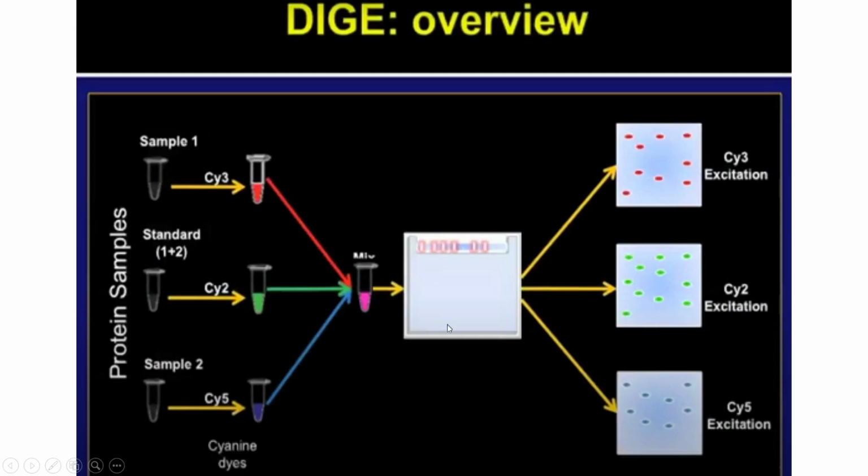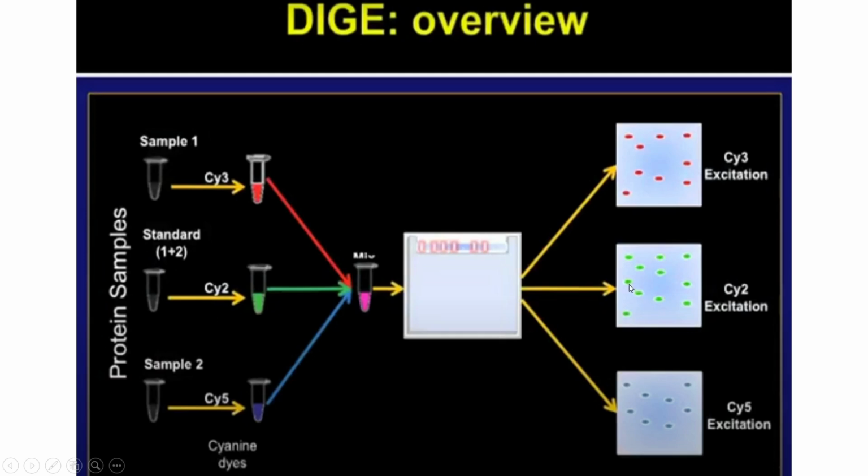So once you run the gel, if you give a certain excitation wavelength according to Cy3, then these proteins will be visualized. So if you see, there is this protein which is only seen in Cy2 but not in Cy3, whereas Cy5, so the internal standard is the green one. So these are the proteins which you can see in both of these two together.